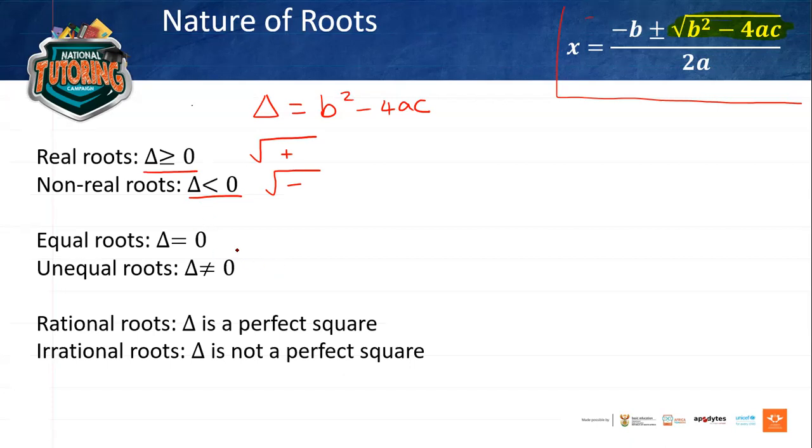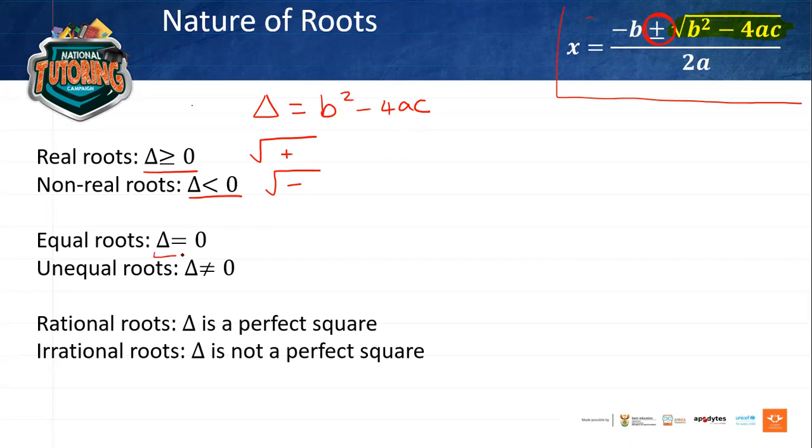Equal roots would mean when I sub in, I get two answers that are the same. The part of the quadratic formula that gives me two answers is the fact that I have a positive surd and then a negative surd. So if this whole thing after the plus and minus was actually 0, I'd be adding 0 or subtracting 0, and I get the same solution both times.